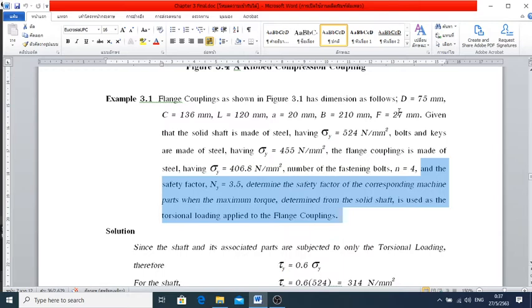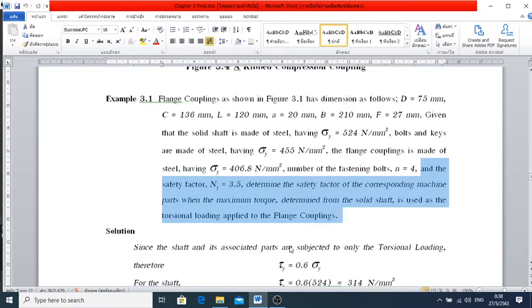Again, I would like to emphasize that the consideration here is that all the components are well fitted to each other in the assembly, so we think about the machine as a whole unit when we transmit the torque. Everything is going to be checked for any damage or not.